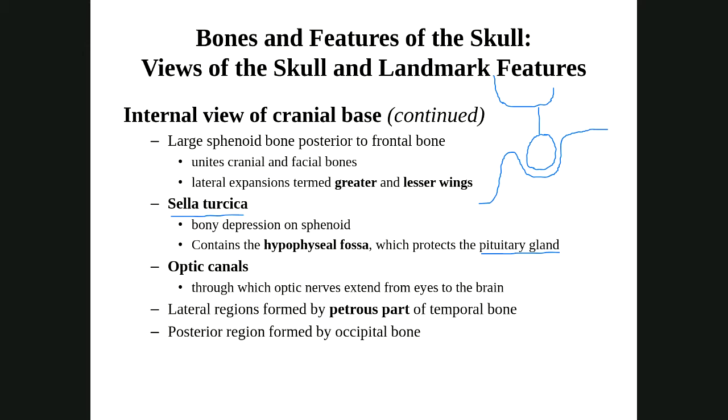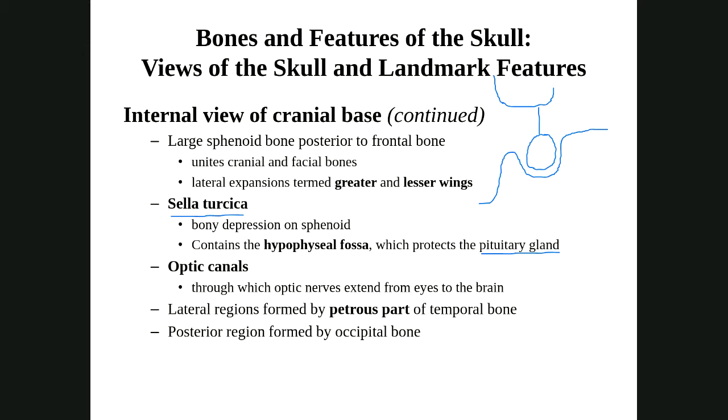Thyroid also helps to secrete oxytocin, which is a hormone that helps with uterine contraction and milk ejection in moms that just had babies. So the pituitary gland sits right there inside that sella turcica.